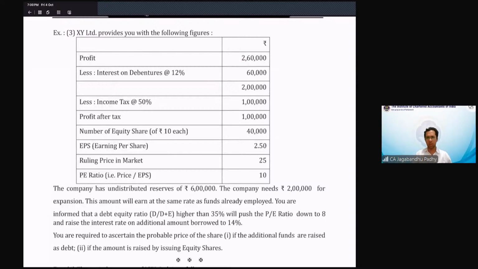I say this 2,60,000 is your EBIT. Currently, we are also paying interest on debentures at 12%. So this is PBT. Then we have PAT, number of equity shares, EPS, ruling price in the market, and PE ratio given.